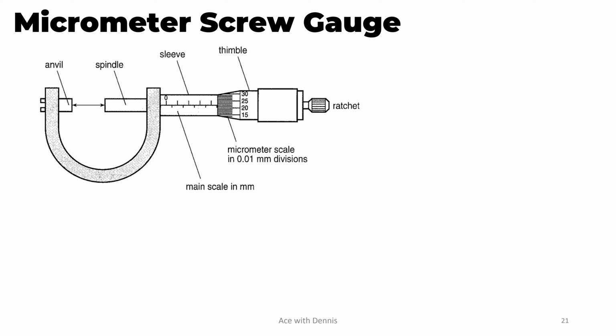Then we also have the sleeve here, which has the main scale in mm. The scale on the thimble is in 0.01 mm divisions. Lastly, the ratchet is used to make sure that the object being measured is touched but not pushed too tight by the spindle.